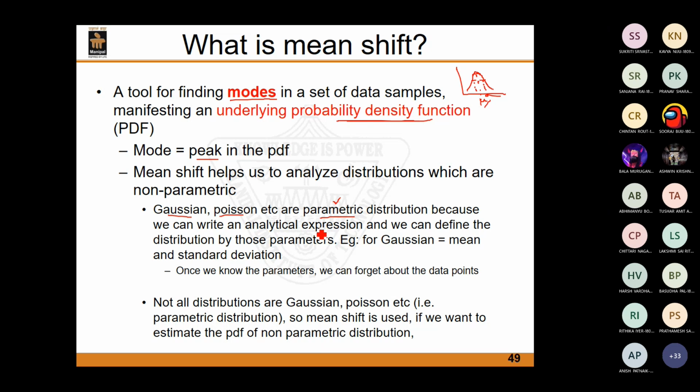Such distributions are called non-parametric distributions. The mean shift algorithm helps in describing non-parametric distributions, and we'll also see how that is done.